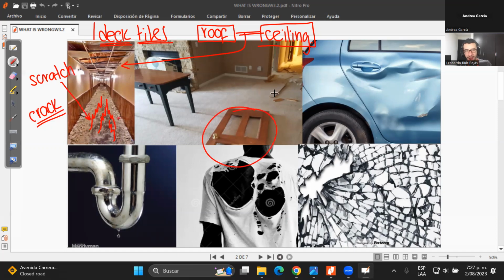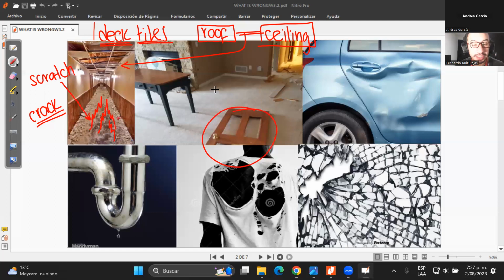In the second, I don't know. It's a door. Maybe the door is damaged.